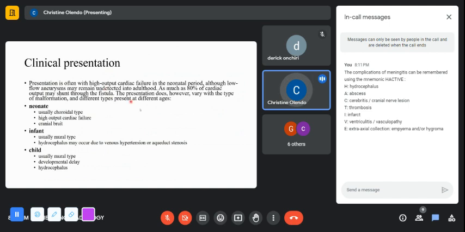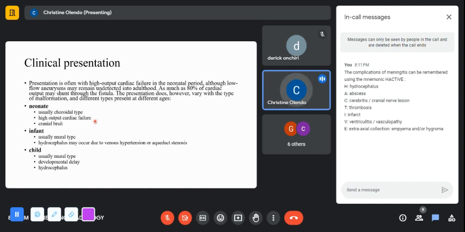Yes, so the clinical presentation, we say there's high output cardiac failure in the neonates, and 80% of the output will be shunted through the fistula. That's why you have an output failure. So in neonates, you have the choroidal type with a high output cardiac failure, and the patient will also have cranial bruit.